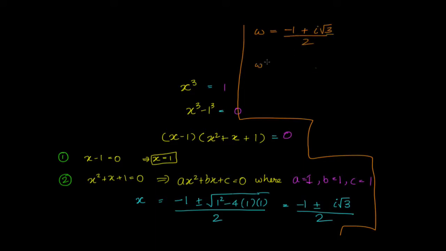So when you do omega square, you'll get a square plus b square plus 2ab.